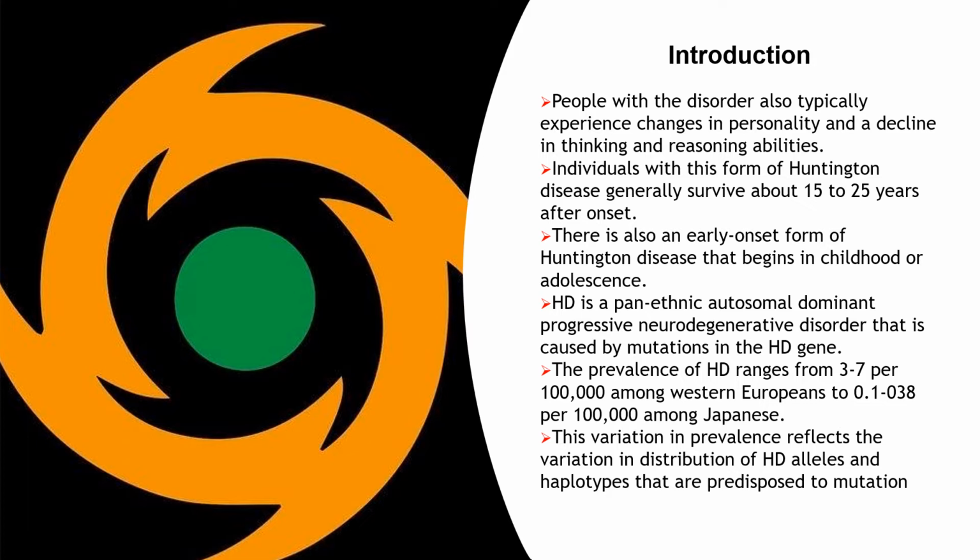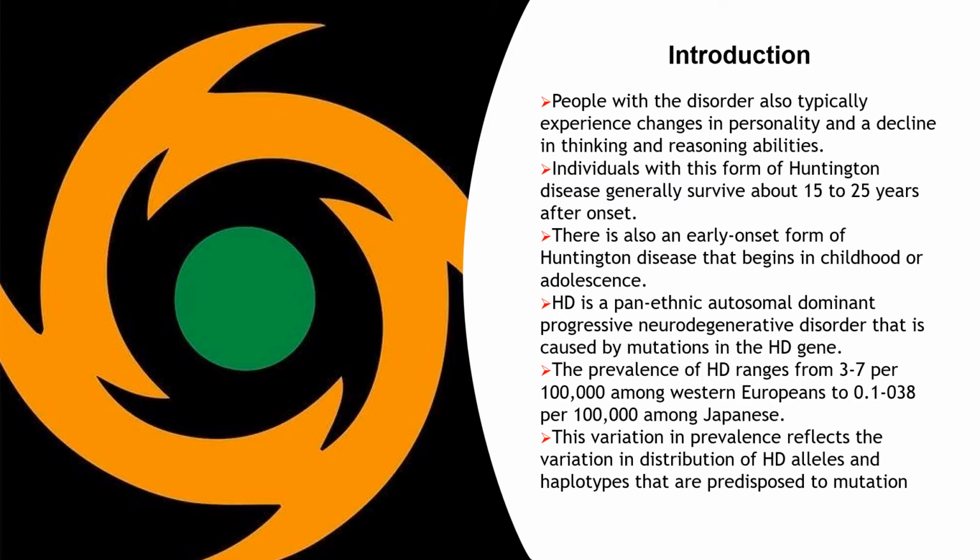The prevalence of HD ranges from 3 to 7 per 100,000 among Western Europeans to 0.1 to 0.38 per 100,000 amongst, for example, the Japanese, where epidemiological investigations have identified this.